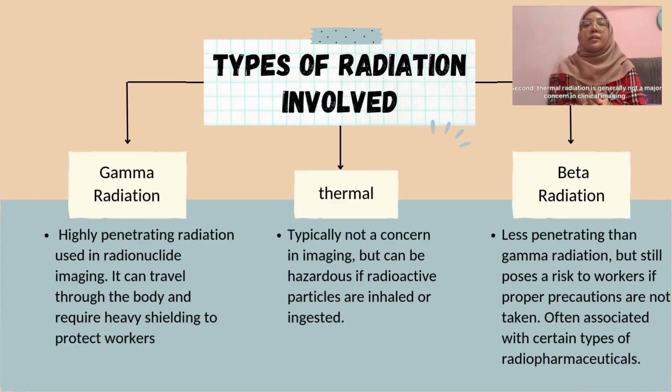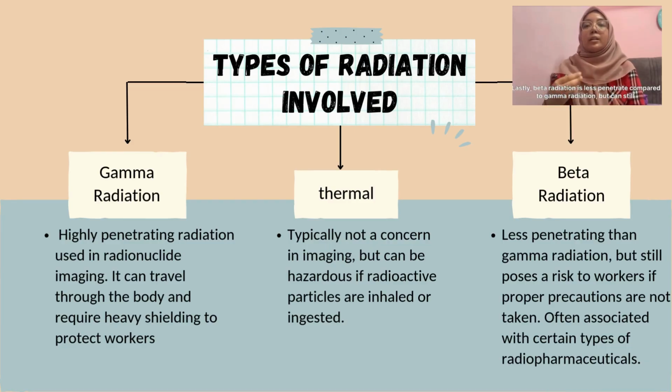Second, thermal radiation is generally not a major concern in clinical imaging. However, it may become relevant in situations where radioactive particles are inhaled or ingested due to poor handling practice. Such internal exposure poses long-term health risks.